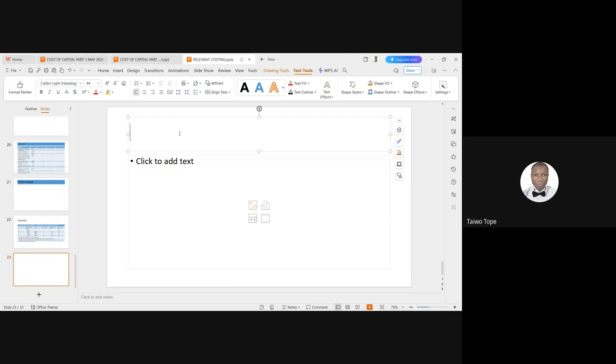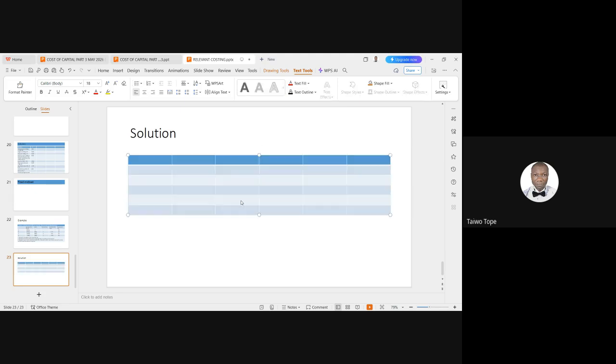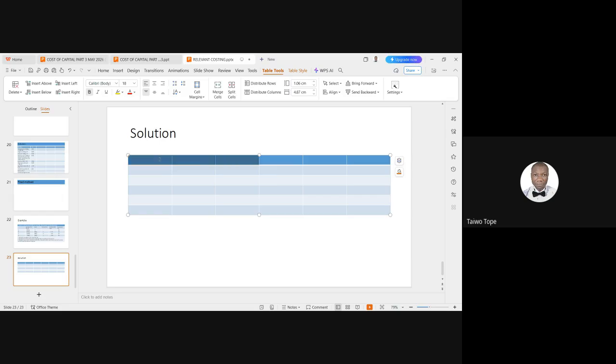So it means it's a material that will just be purchased. So let's show it. The relevant cost.